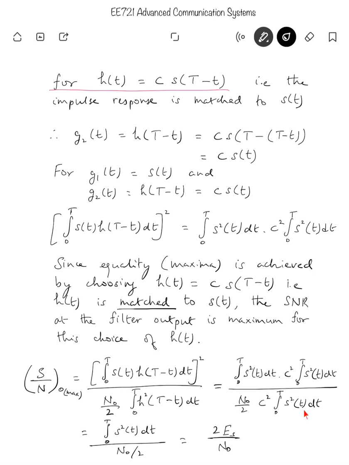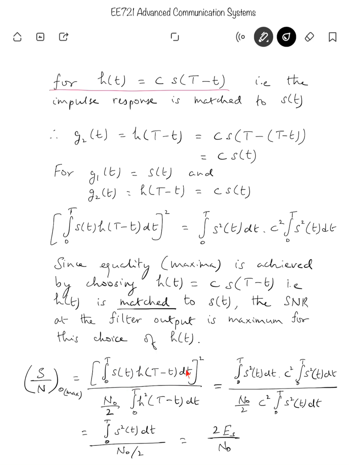So when we substitute all the terms, what we see is that we get the signal to noise ratio, which is the maximum value that we can have, because we have now maximized the numerator by choosing g2 of t to be proportional to s of t. How is it proportional?